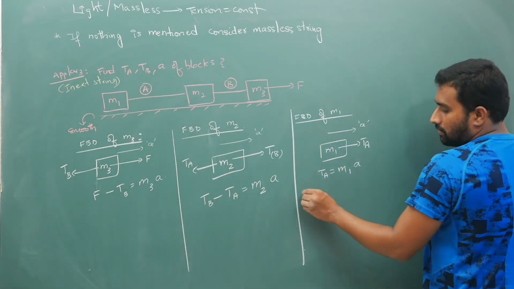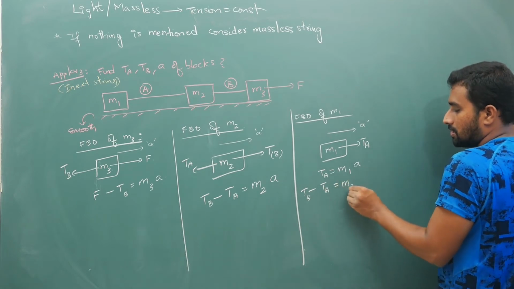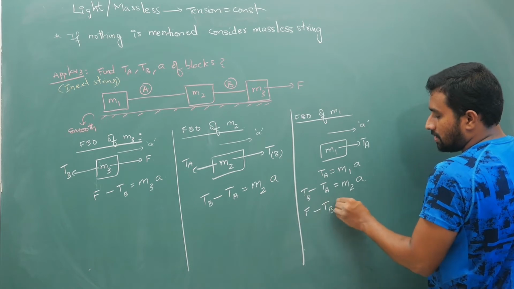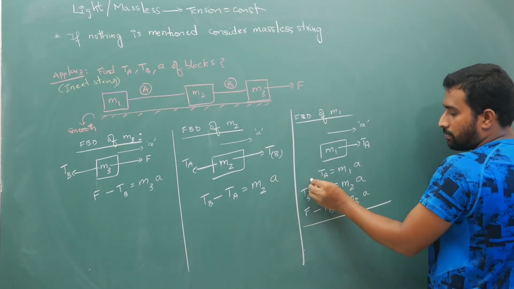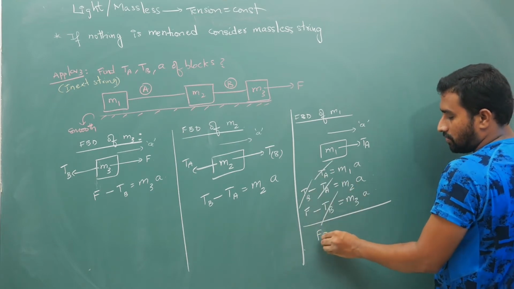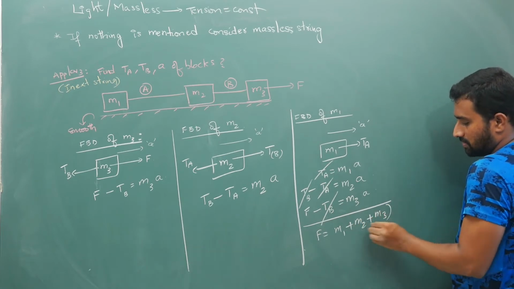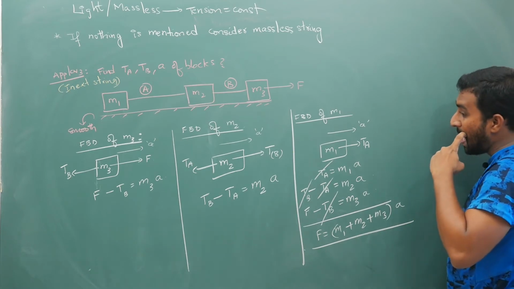Now coming to the next part, TB minus TA is equal to M2 into A, and F minus TB is equal to M3 into A. If I add, TB minus TB plus TA minus TA cancel, and your force F is M1 plus M2 plus M3 into A. From here you will get the acceleration.